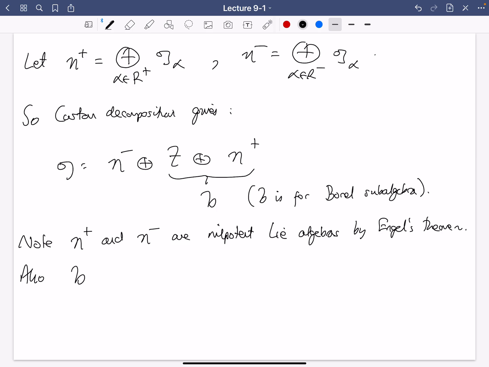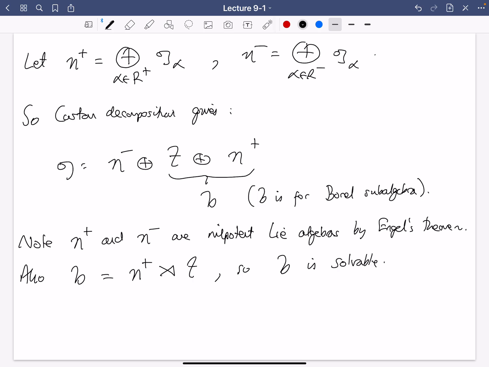Also, this b is actually a semi-direct product of t and n plus. n plus is clearly an ideal. t normalizes n plus, so this is a semi-direct product, and since t is abelian, b, this Borel subalgebra, is solvable.